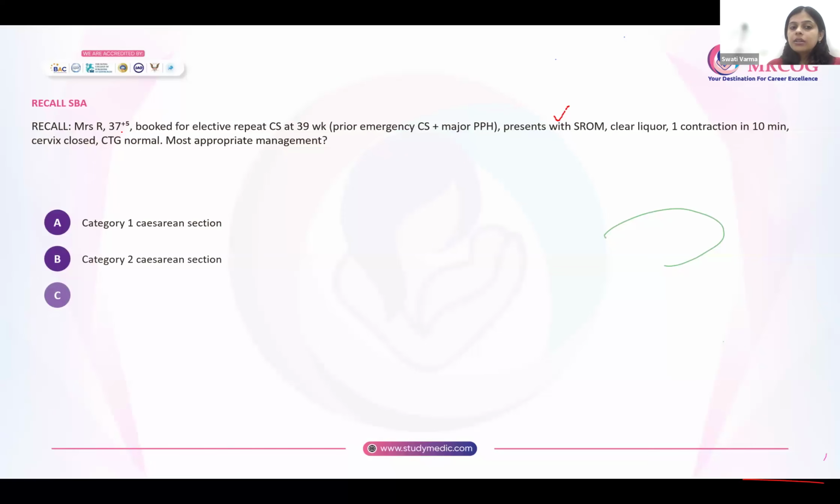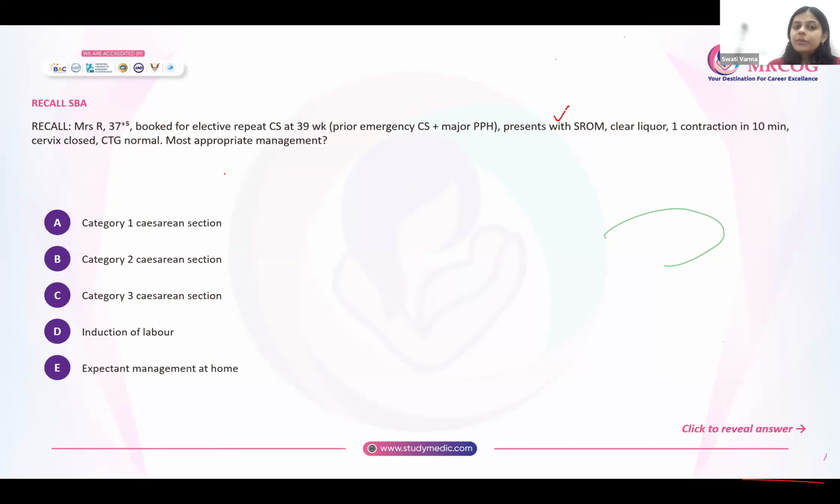Next, Mrs. R, 37 weeks 5 days, booked for elective repeat cesarean section at 39 weeks. She had a prior emergency cesarean section plus a major PPH, so this time she has booked for elective repeat cesarean section. She presents with spontaneous rupture of membranes, clear liquor, one contraction in 10 minutes, cervix closed and CTG normal.